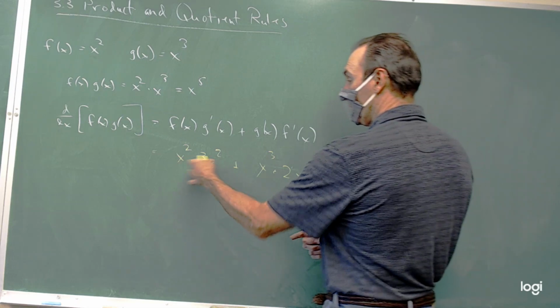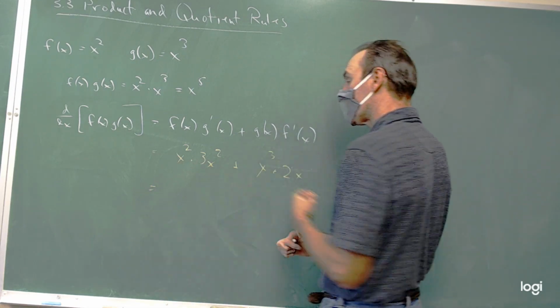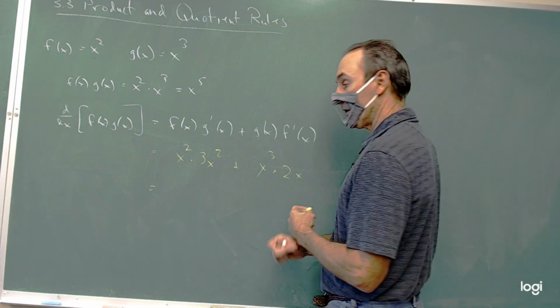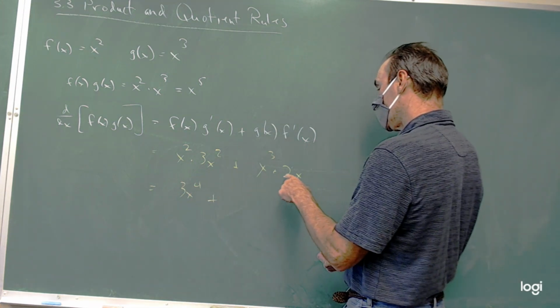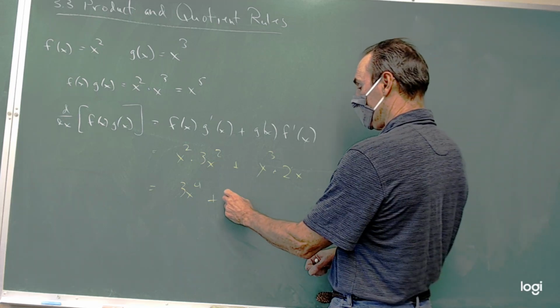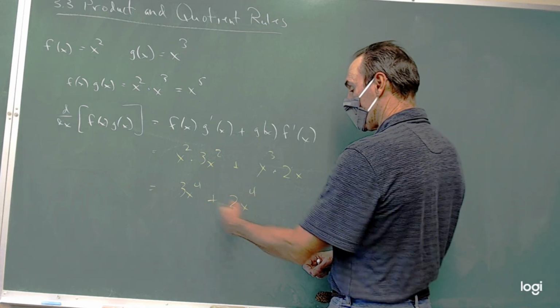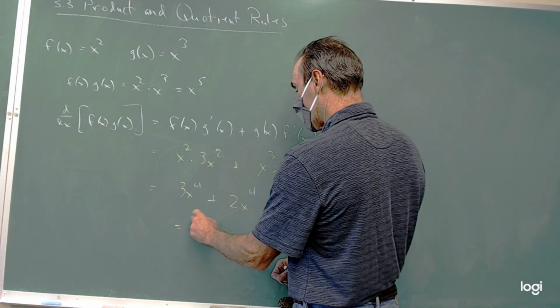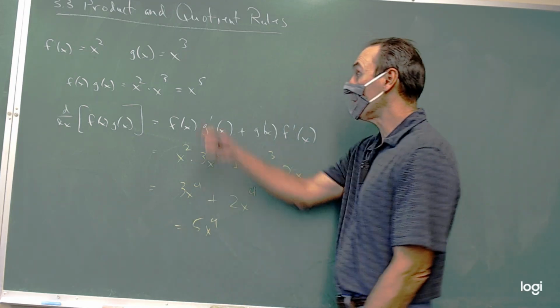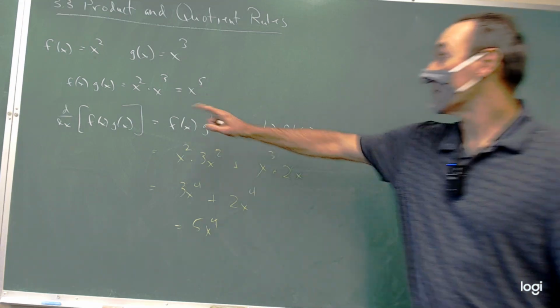When we simplify this, x squared times 3x squared is 3x to the 4th, and x cubed times 2x is 2x to the 4th. Now they're like terms. 3x to the 4th plus 2x to the 4th is indeed 5x to the 4th, which is what we needed it to be.